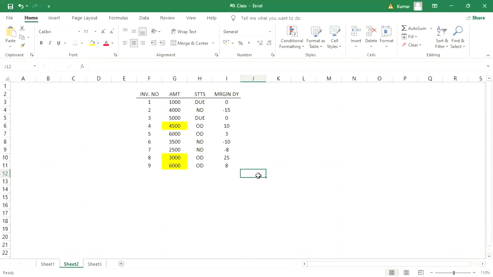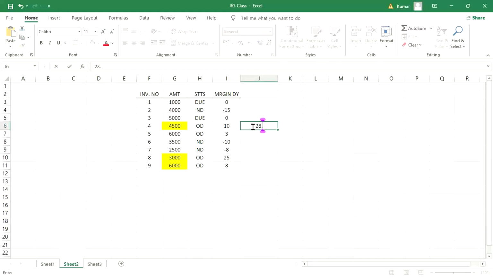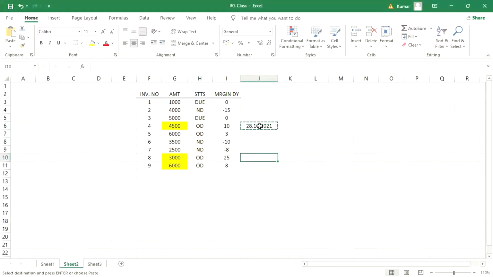So first of all, a reminder letter we have sent today. On which date, guys? Today, whatever the date is there. I think it is 28, right? So we have sent a reminder letter on this particular date.